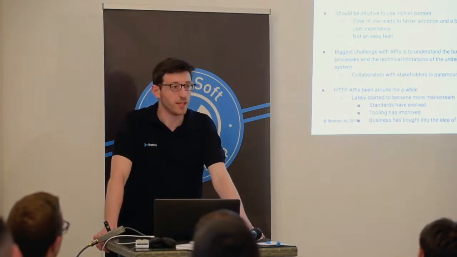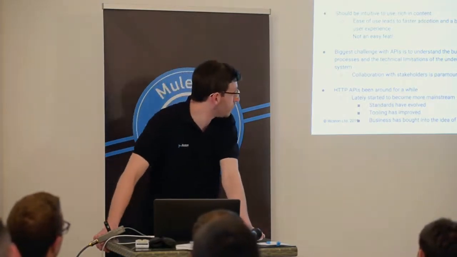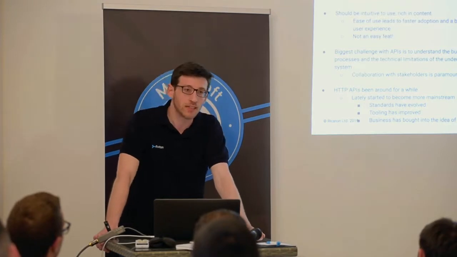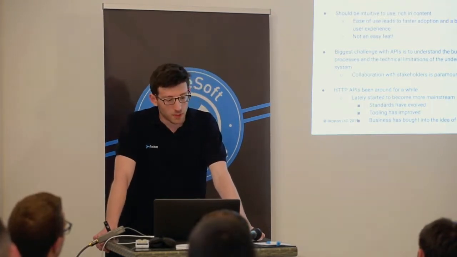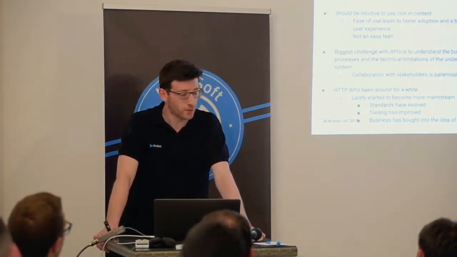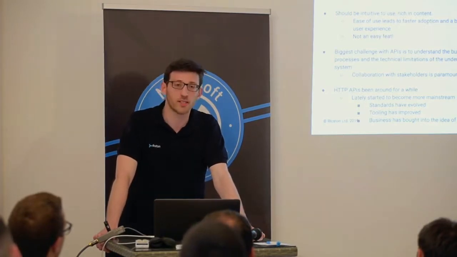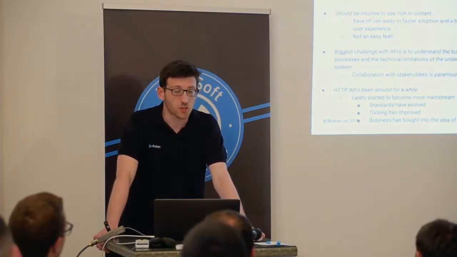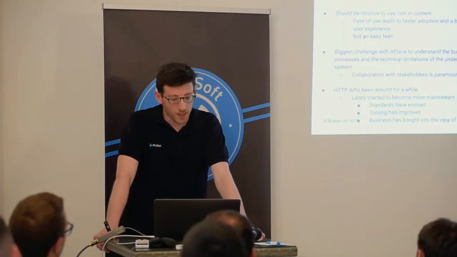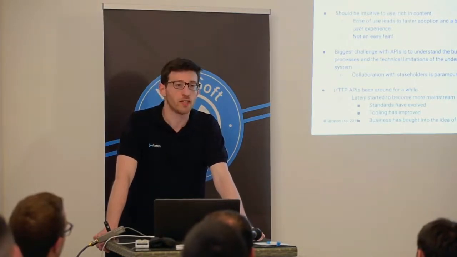However, if you're building an API and you're trying to aim for these 2 points, it's not entirely an easy feat. In fact, one of the biggest challenges we find with APIs is to actually understand the business processes behind the API and the technical limitations of the underlying system.